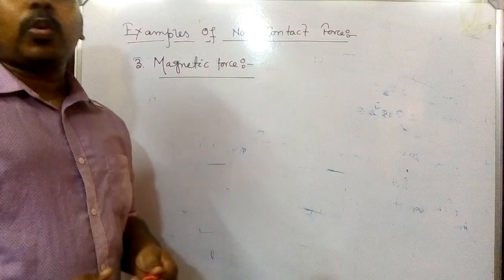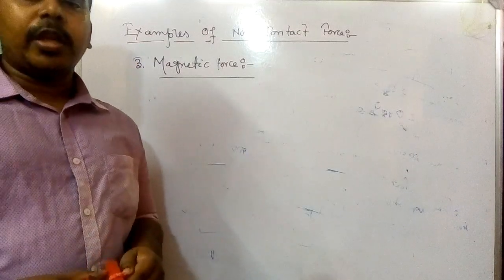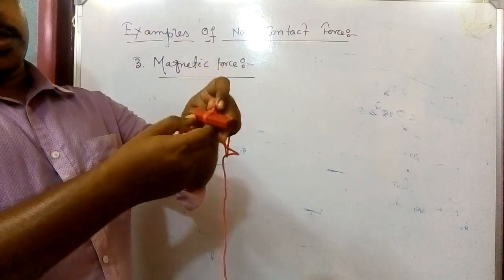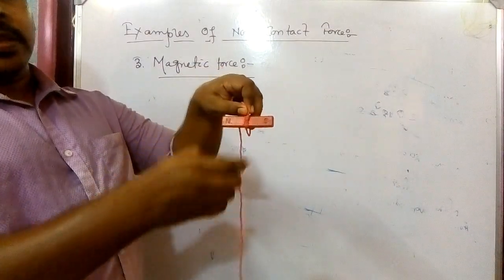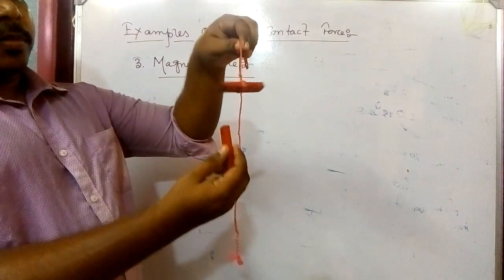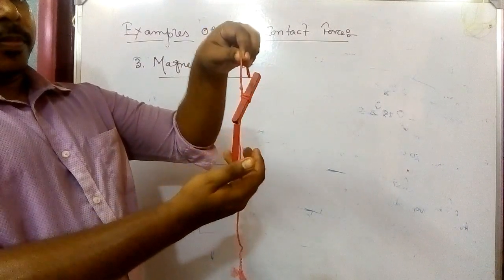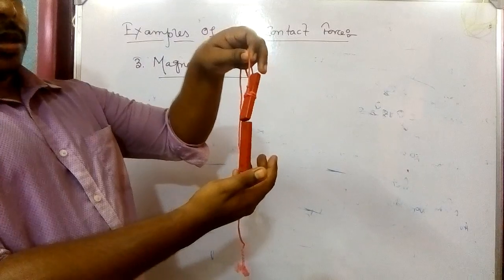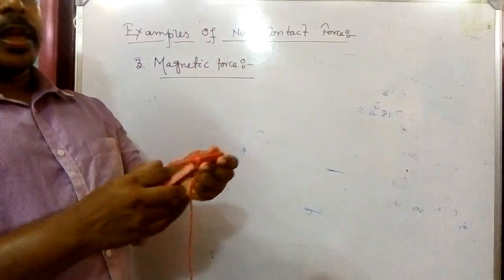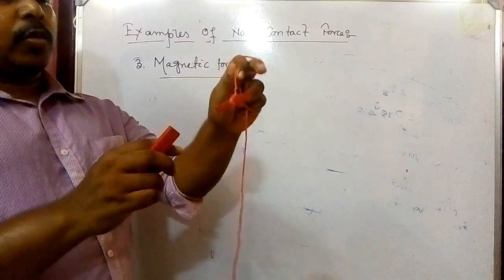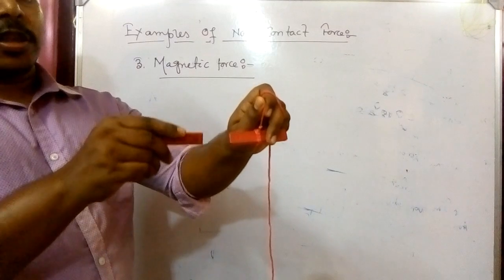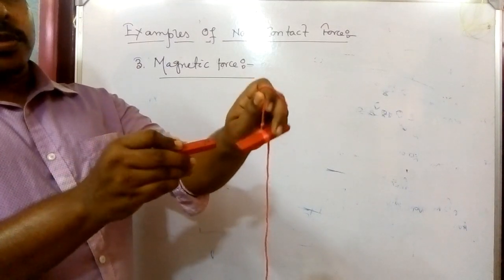It is told that opposite poles attract each other. So here you see it is South, it is North. You see they are attracting each other. One South and another North will be attracting each other. But if I take two equal poles, what will happen? These two poles are North.